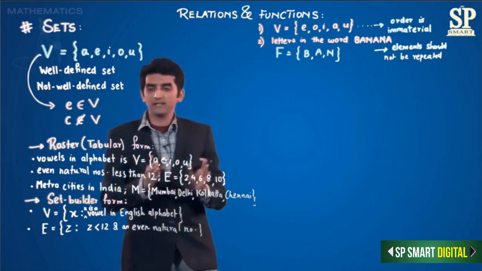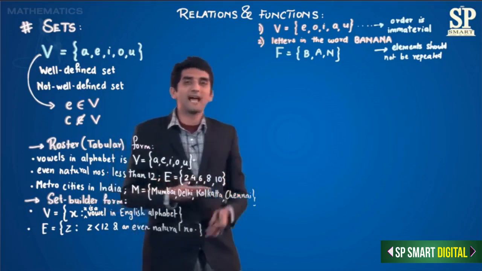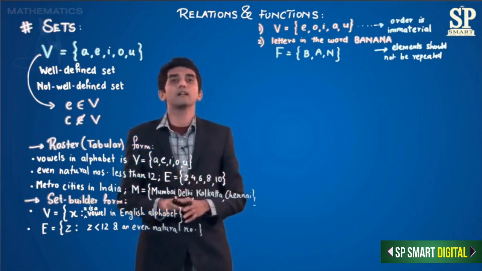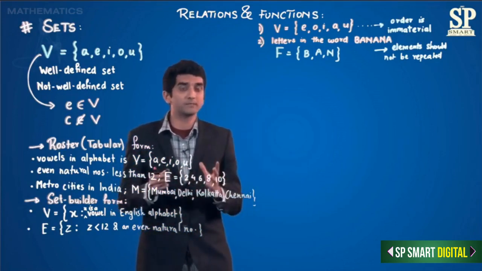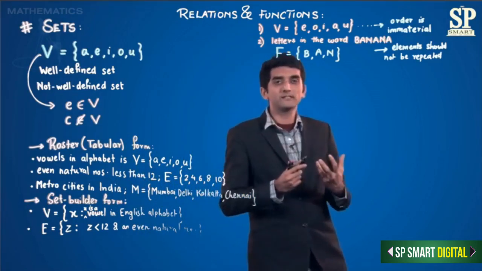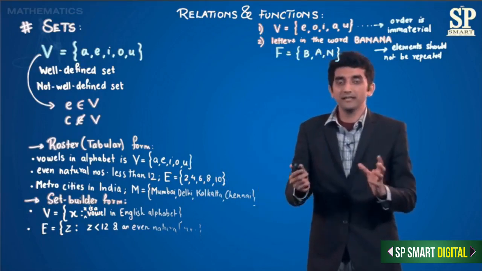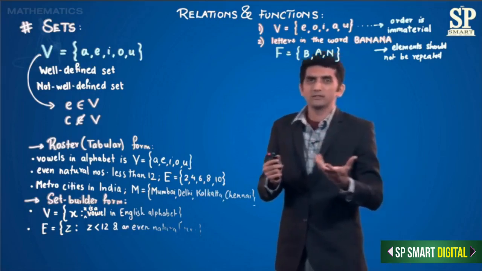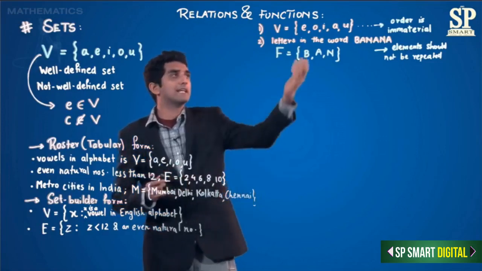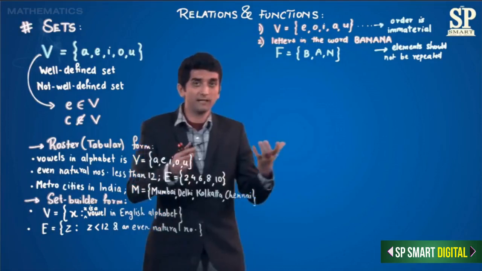So now, after understanding a bit about the different forms in which sets can be represented and a few conditions on those, let's take this thing a bit further and know something about subsets. Now, subset, as the word itself suggests, is a smaller quantity of a larger set, right? So in this particular set, V is equal to A, E, I, O, U, or as we have written E, O, I, A, and U. These are the 5 elements.